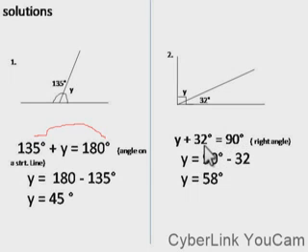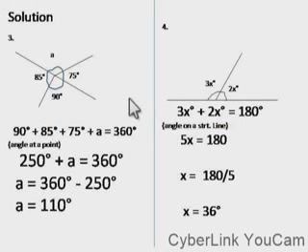Now let's collect like terms. Plus 32 moving to this side becomes minus 32. So y is equal to 90 degree minus 32 degree. That will give us 58 degree, and that is the answer to that particular one.